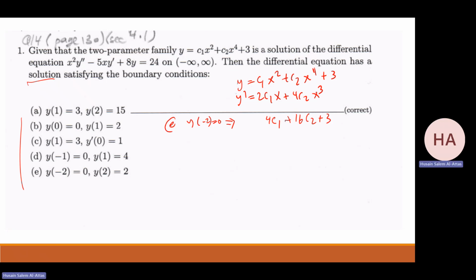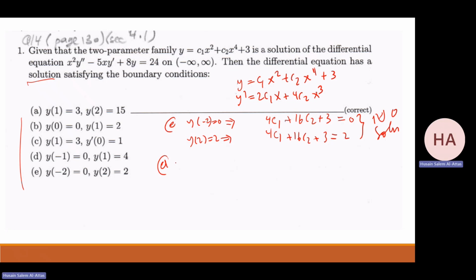That should equal 0. Now, if I put y at 2 equal 2, I'm getting 4C1 plus 16C2 plus 3 equals 2. It's impossible to have the same thing equal to 0 and equal to 2. So this means no solution.